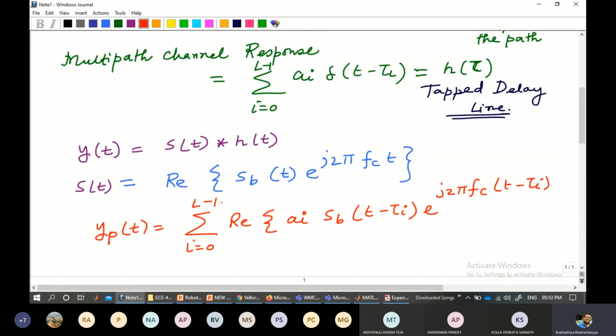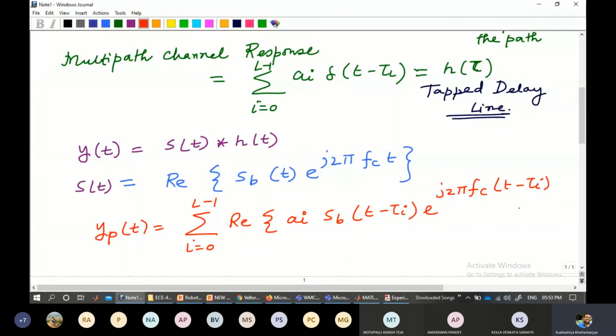So for each individual path, suppose you are calculating the zeroth path, it is a_0 s_b(t minus tau_0) e to the power j 2 pi f_c (t minus tau_0). This would be tau_0 if we had taken only a single path, but since there are L paths, the generic equation looks like this.